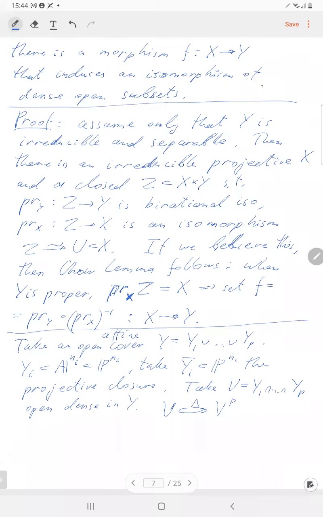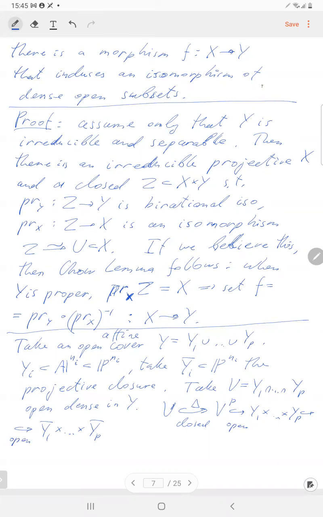And this is embedded into Y1 times so on times Yp. And this is in turn embedded into the projective closure, Y1 bar times so on times Yp bar. And here, this is a closed embedding. This is an open embedding. And this is again open.